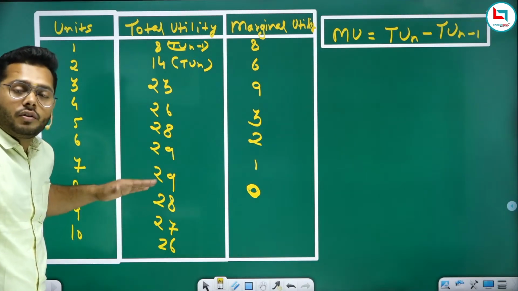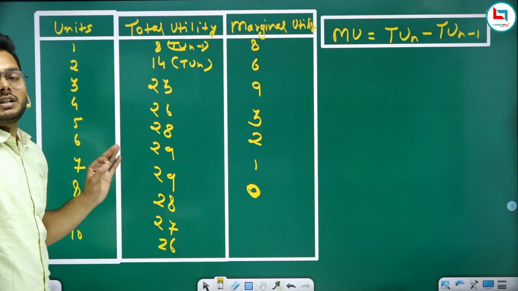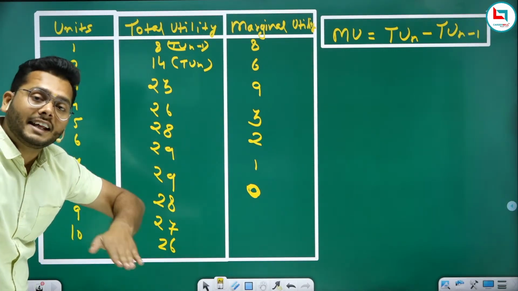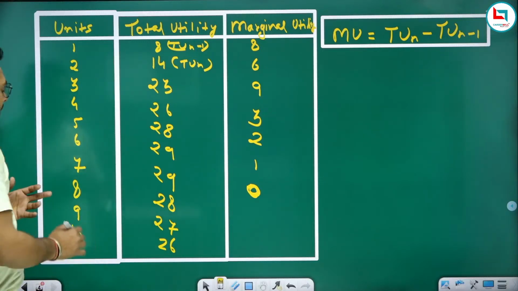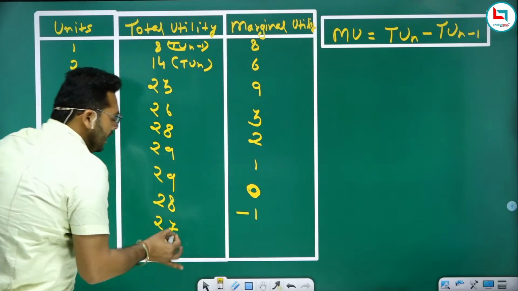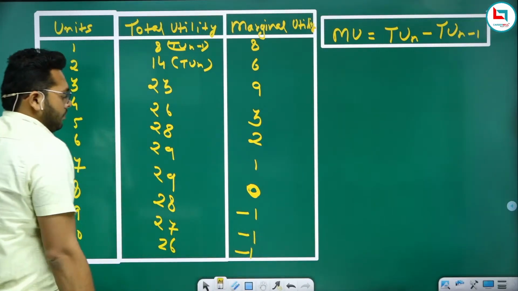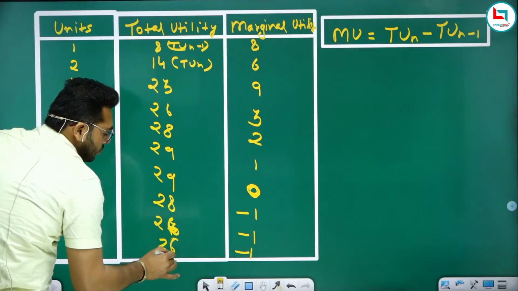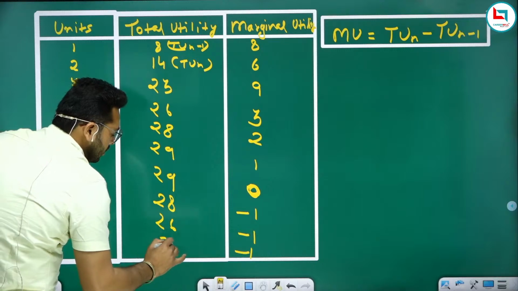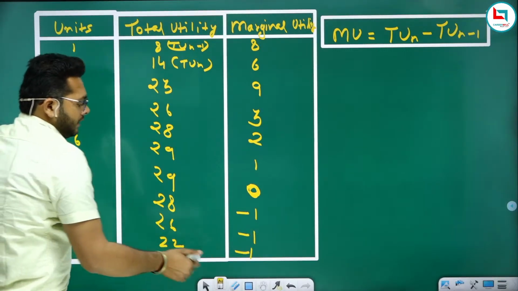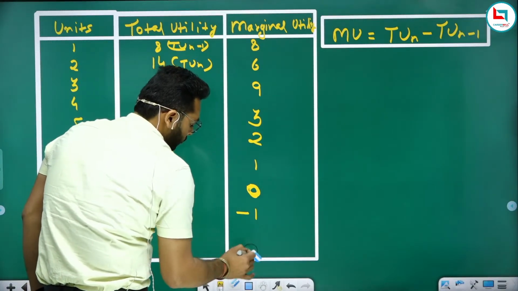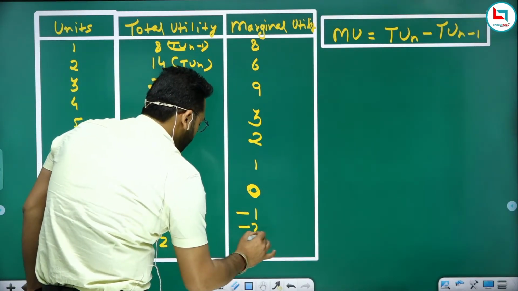After the 7th unit, you will not get any amount of satisfaction. If you keep consuming, your satisfaction will go on decreasing. If you are still taking the 8th unit, you will get 28 minus 29, which becomes minus 1. Or it is also possible that you get minus 2 and minus 4.